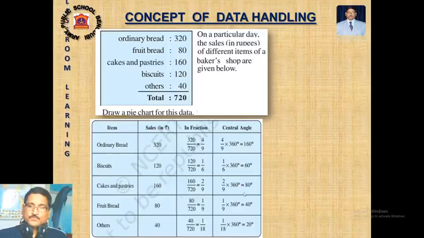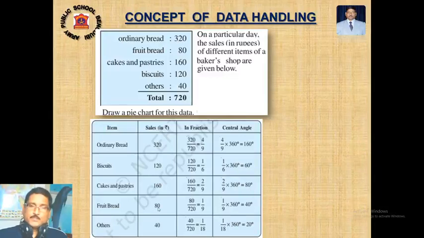Then cakes and pastries, 160 rupees out of 720 rupees. Always the total will be the denominator, mind it. 160 divided by 720. After cutting, I am getting 2 by 9, and 2 by 9 multiplied by 360 degrees, so I am getting 80 degrees.